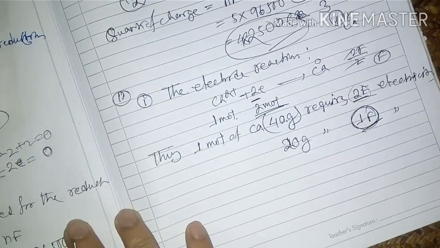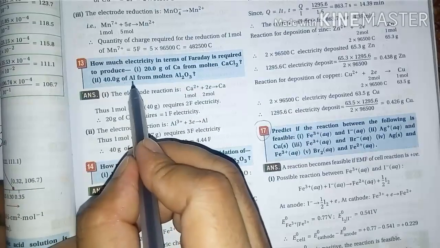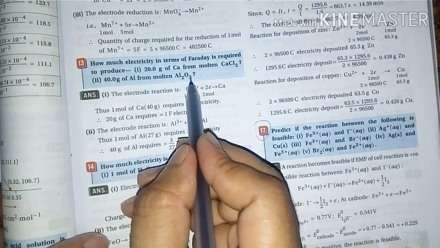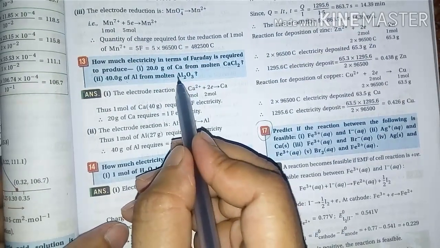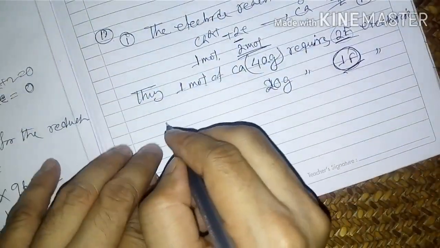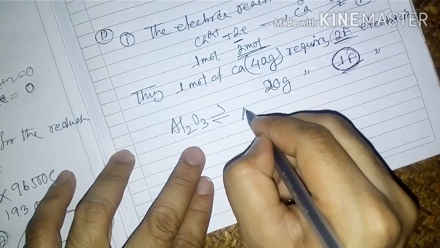Now point number 2: 40 gram of aluminium from molten Al2O3. So first of all I have to look at Al2O3. How to split this one?